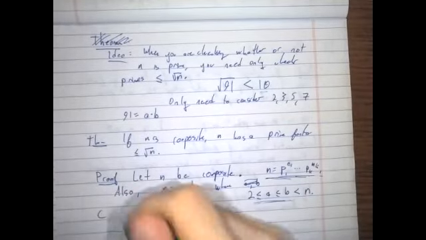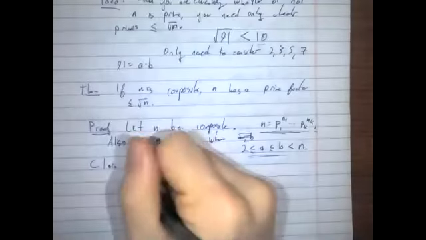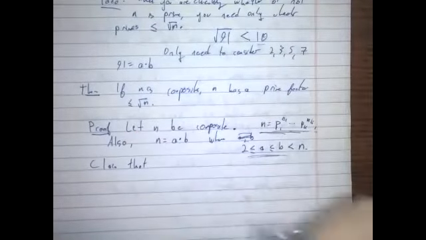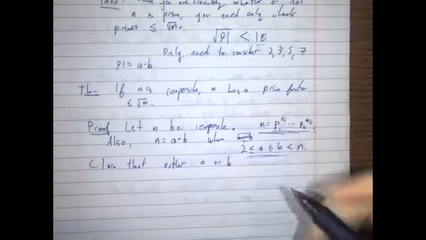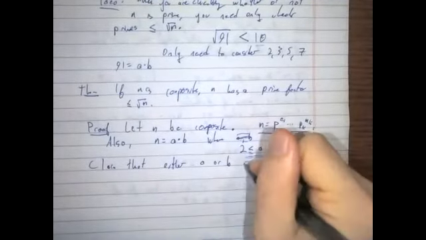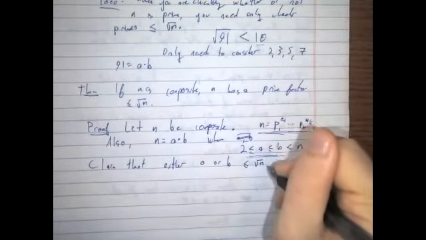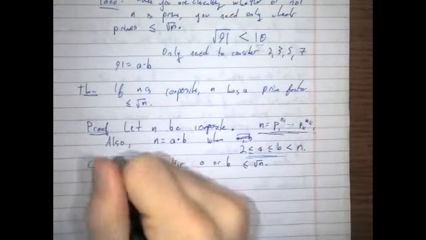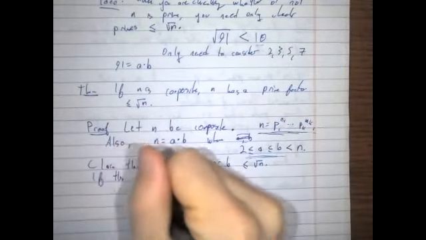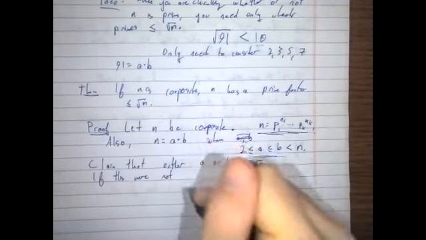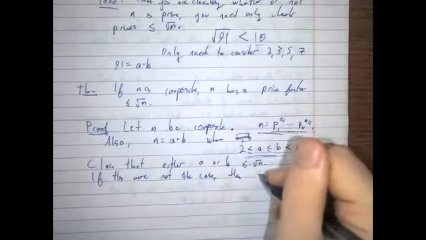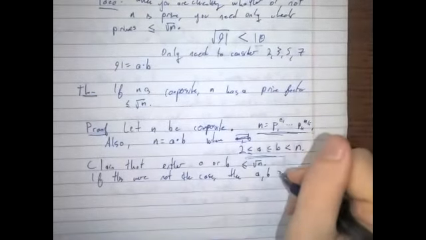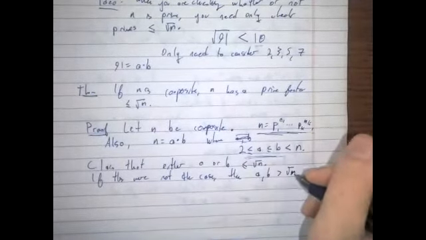I claim that either a or b is less than or equal to square root of n. If this were not the case, then a and b are both greater than square root of n.